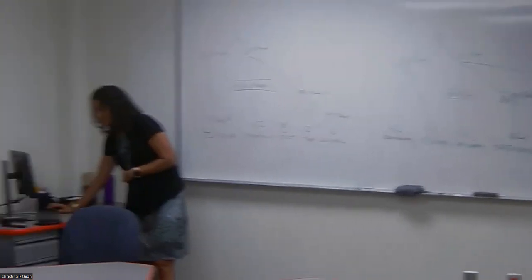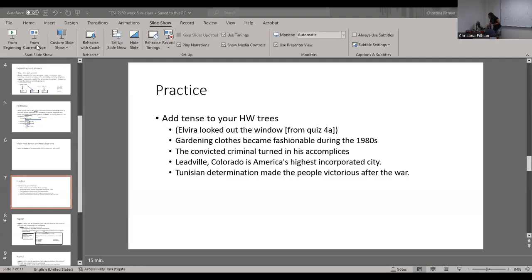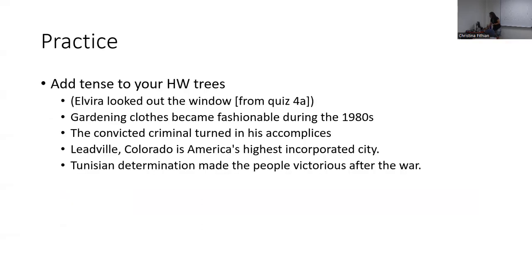Leadville, Colorado is America's highest incorporated city. Tunisian determination made the people victorious after the war. So I'll check those and we'll see how we did on those in our next class when we come together again. Okay, so there are our homework tree sentences again.